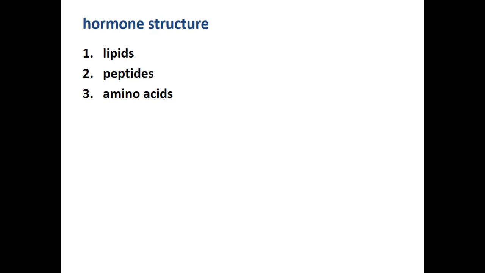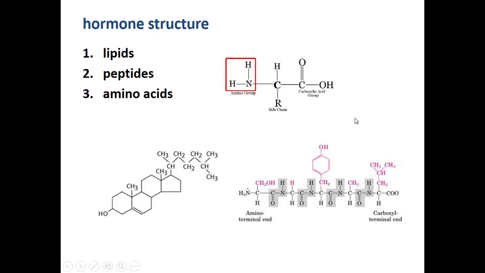So hormone structure can be subdivided into 3 general categories: lipid hormones, peptide hormones, and amino acids. The lipid hormones are classified as steroid hormones, and they're derived from this molecule, which is cholesterol.